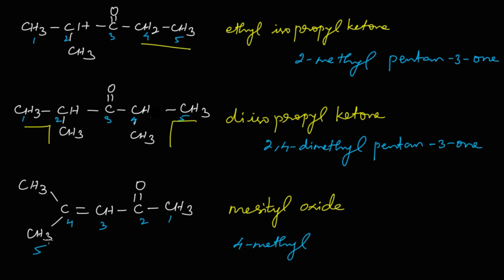The longest chain is 5 carbons, so pent. To the third carbon, a double bond is present, so 3-en. To the second carbon, the functional group ketone is present, so 2-one. Finally, the IUPAC name of mesityl oxide is 4-methyl pent-3-en-2-one.